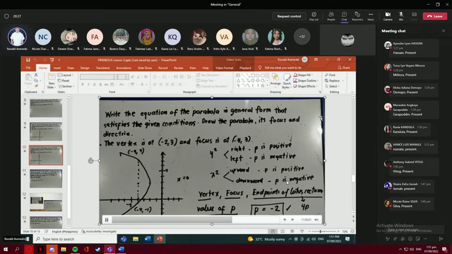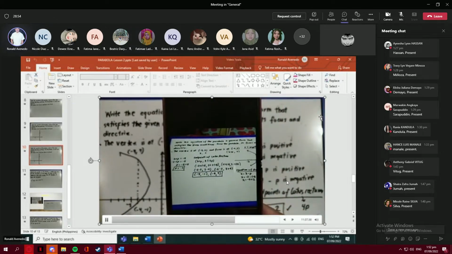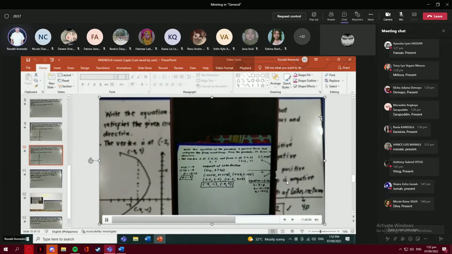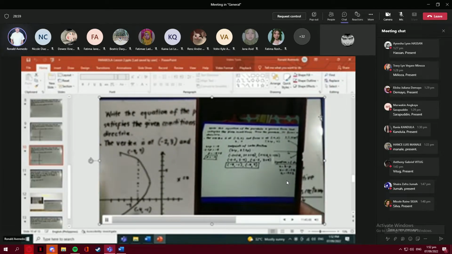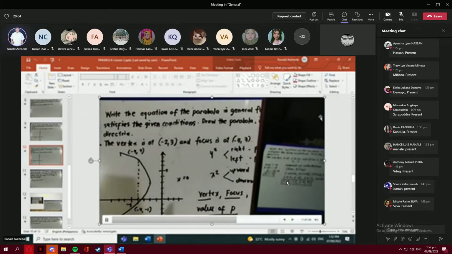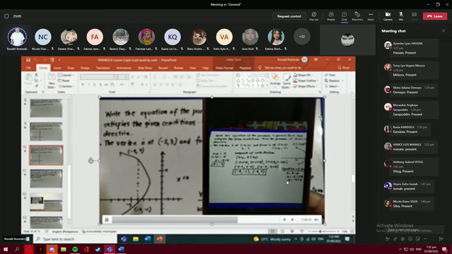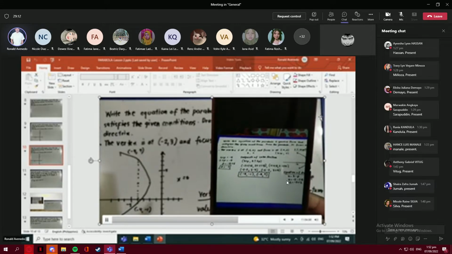Then, the endpoints of latus rectum. One endpoint is negative 4, negative 1. So we have here negative 4, negative 1. I am checking here the solution kanina. Ito yung solution natin kanina. So I am comparing the solution. So the first endpoint is negative 4, negative 1.